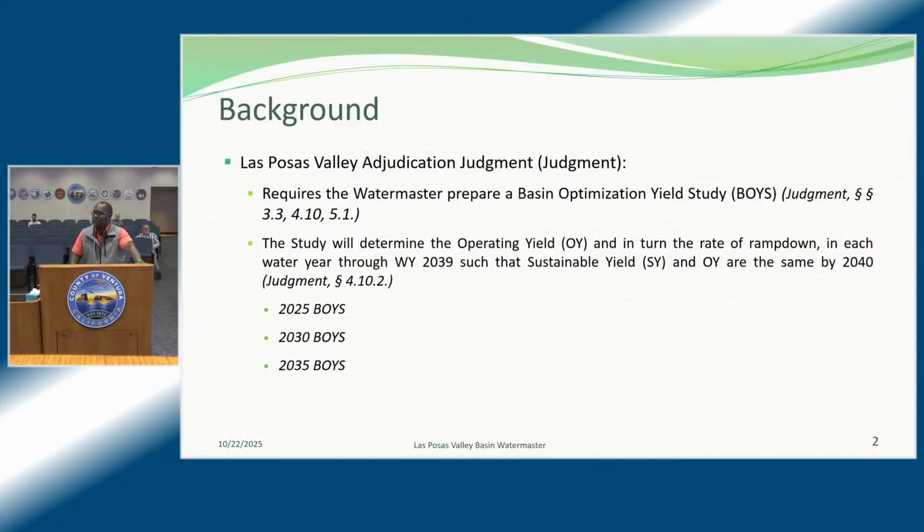This study will determine the operating yield and in turn the rate of ramp down such that the sustainable yield and operating yield are the same by 2040. This is meant to be an iterative process, so there is an opportunity to do another yield study in 2030 and 2035. We're currently trying to complete the first basin optimization yield study.